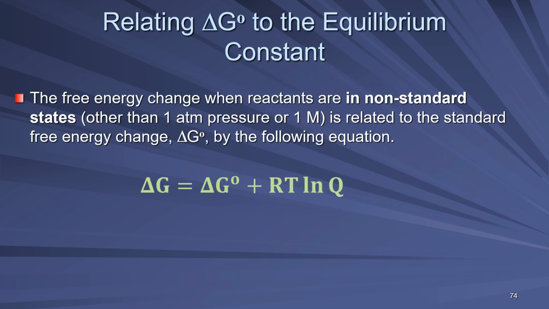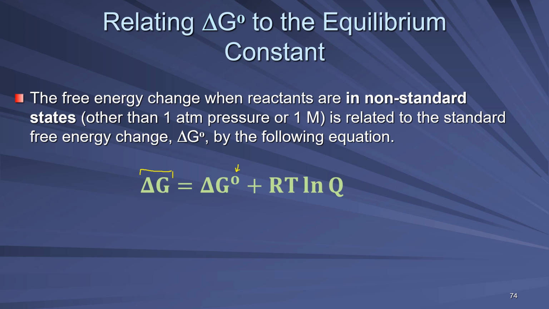Okay, so here's an equation. We're not going to talk about where it comes from or how it's derived, but let's talk about it. Delta G is Gibbs free energy. This is the free energy change when reactants are in non-standard state. The little circle again means standard conditions. This delta G without the circle means at other non-standard states.